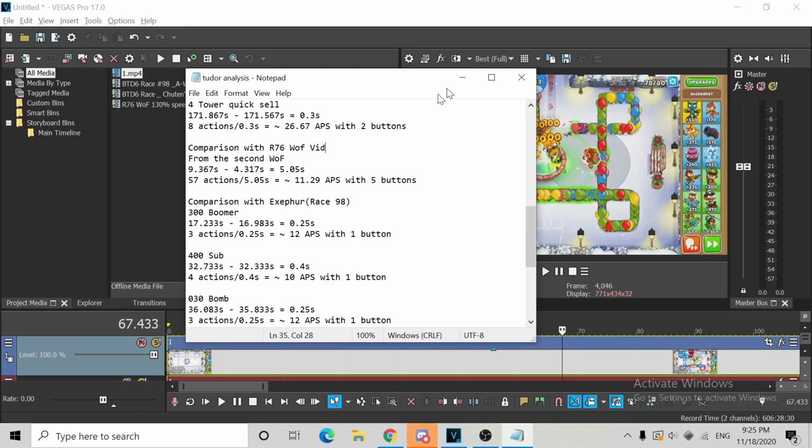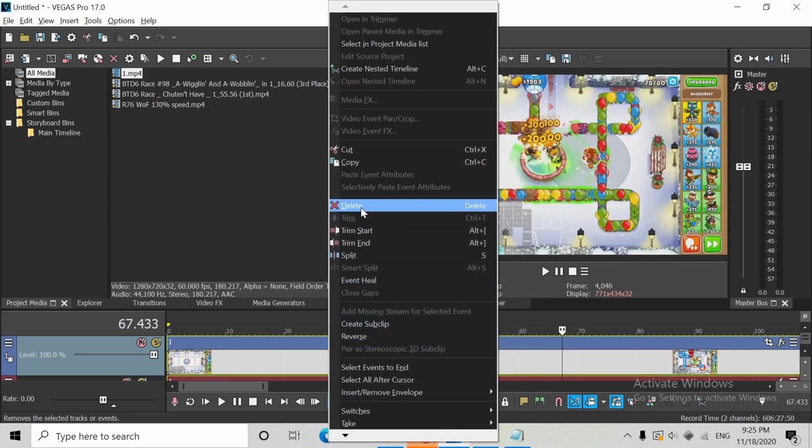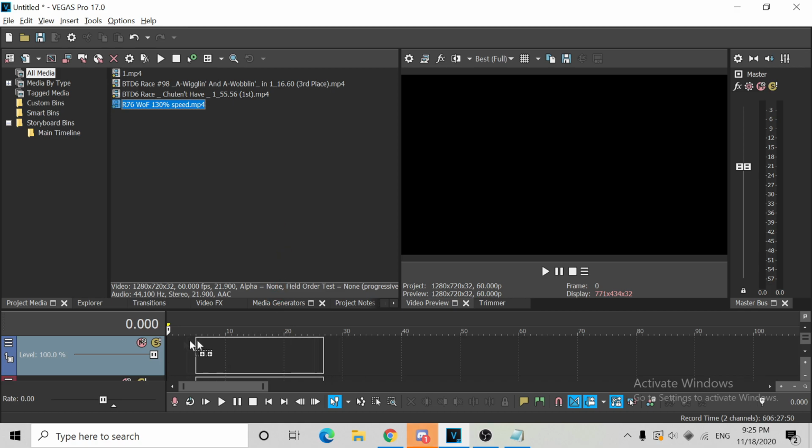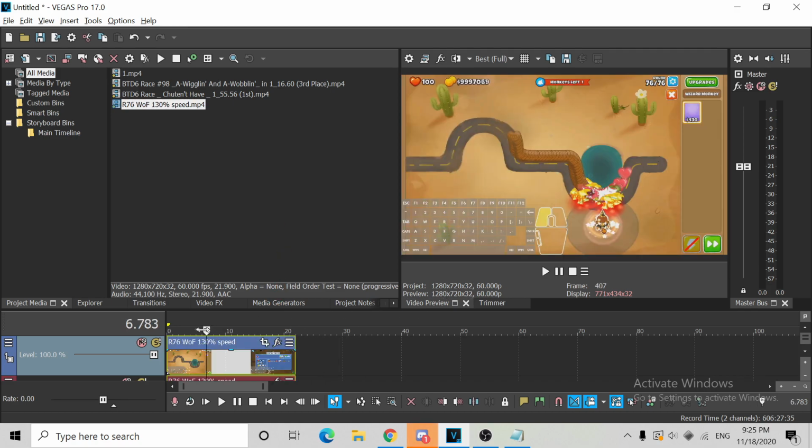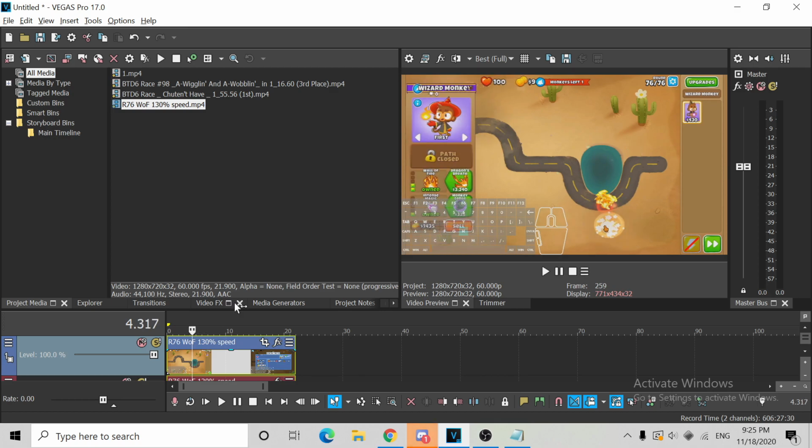And so after that, I took a look at his round 76 wall fire video, and I started actually calculating his APS on his second wall fire instead of his first, because I thought his first wall fire started off a little slow, so I didn't include that one.